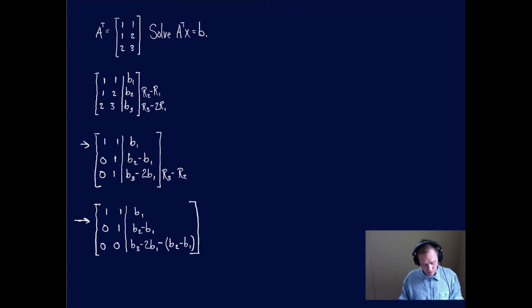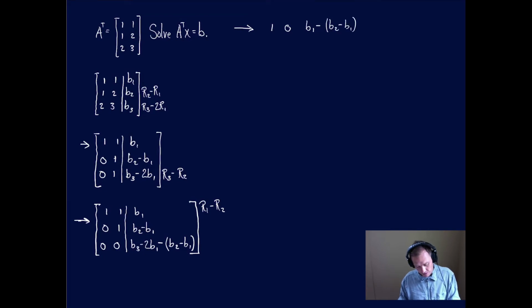One more step is to get to RREF. So then I'm going to take row 1 and let's subtract row 2. And so we do that. Well, what do we get here? We have a 1, a 0. Then we're going to have a B1 minus B2 minus B1.